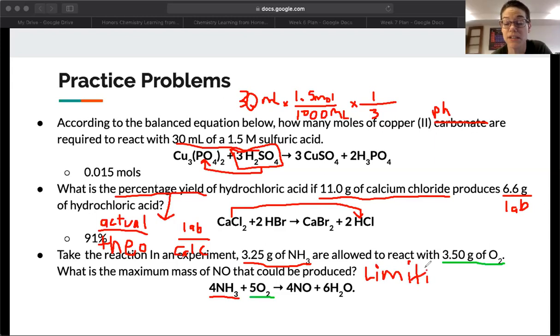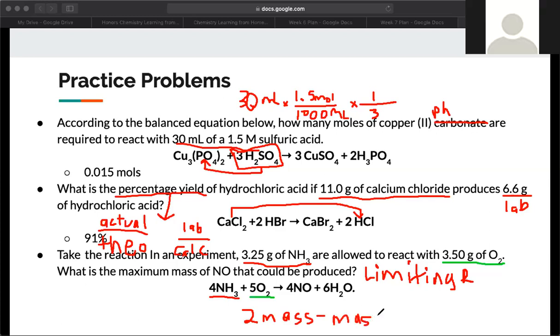So this is a limiting reactant problem. And all you're going to have to do for a limiting reactant problem is two mass problems. So you'll set up 2 mass problems, all right? And once you do that, how do you know which answer is the correct answer?